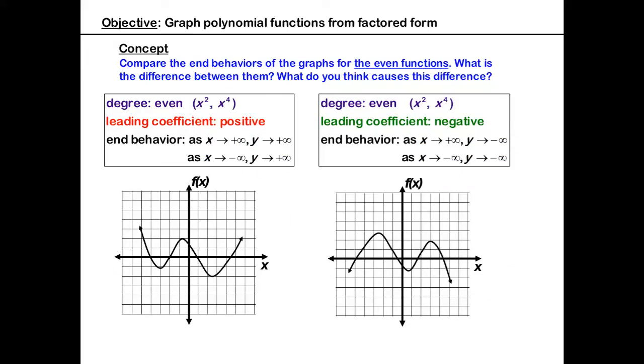Let's look now at the next two graphs. Go ahead and copy just a quick sketch. On the first one, just make a W, and on the second one, make like an M shape. Okay.